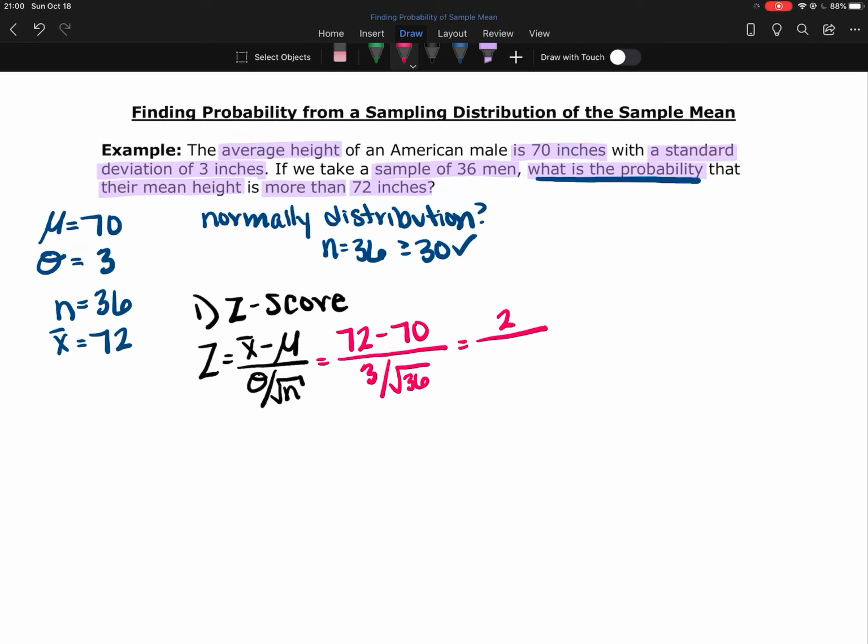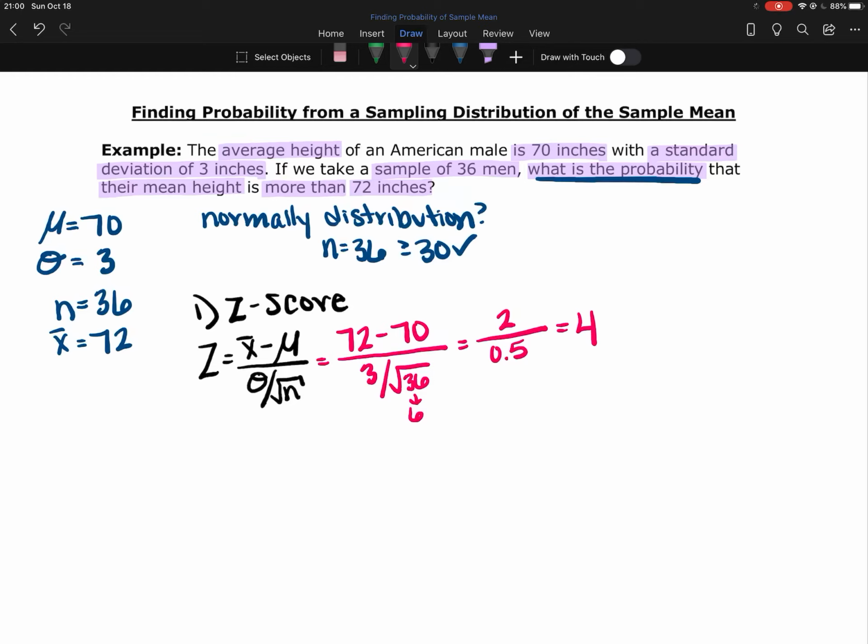The square root of 36 becomes 6. 3 divided by 6 is 0.5. 2 divided by 0.5 is 4. This was a little bit bigger than I think I intended, but that's okay. So our z-score is 4.